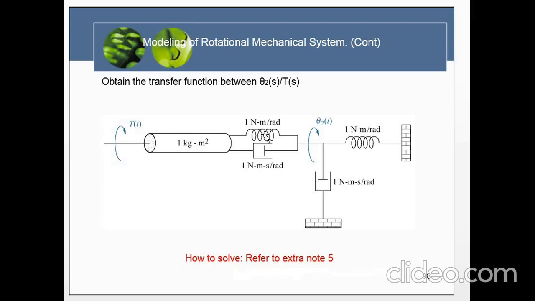It is the spring, a constant of spring, and then the damping. This is the constant of damping. Here there is the damping constant, and also here there is the spring, and the damping ratio.